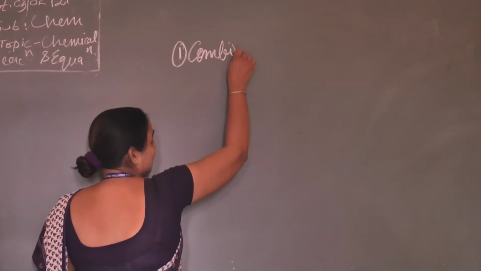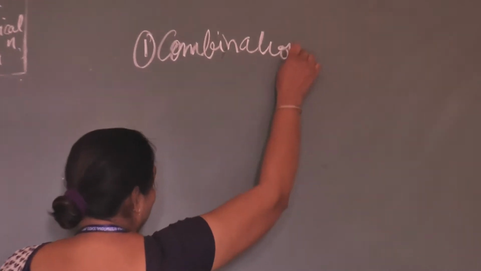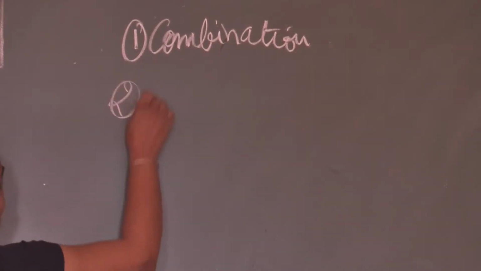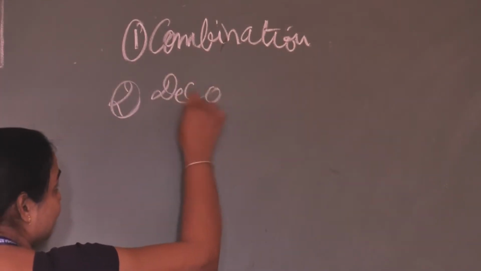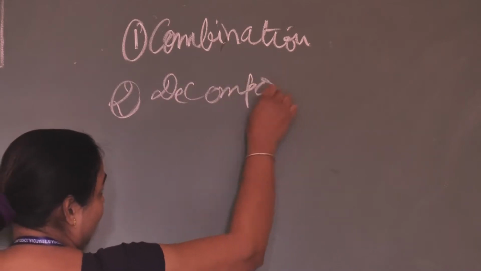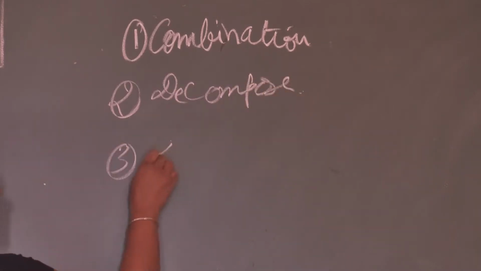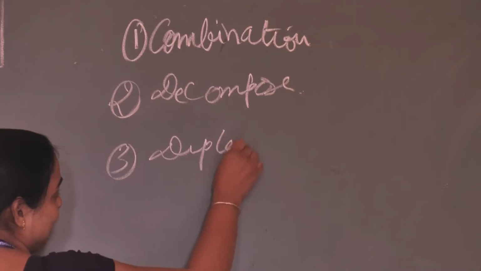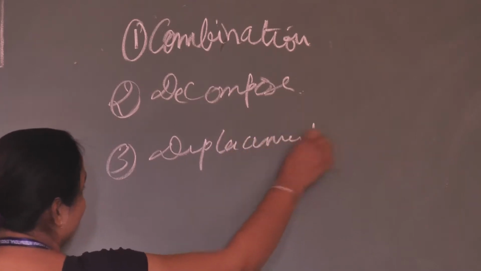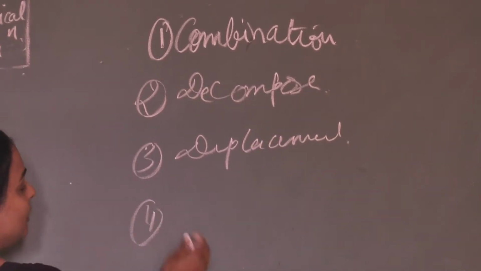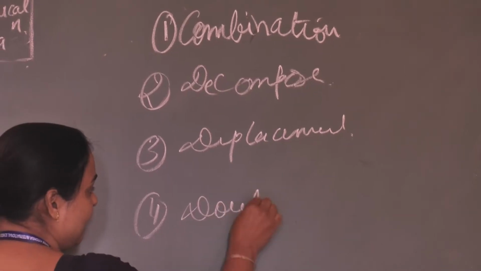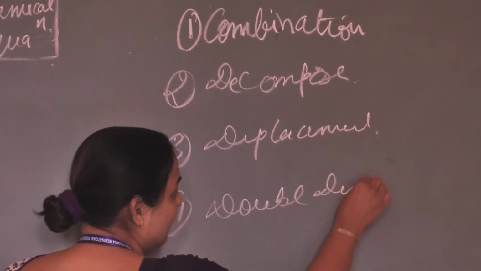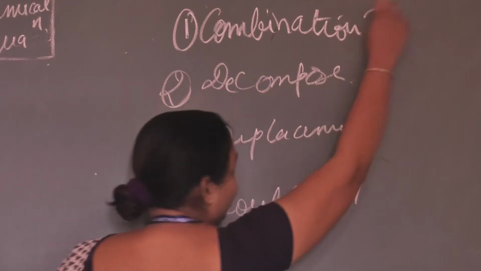Again I am making it clear so that it is easier for you. One was combination, then we came to decomposition, then displacement, and then double displacement. Okay, till here I have taught you.